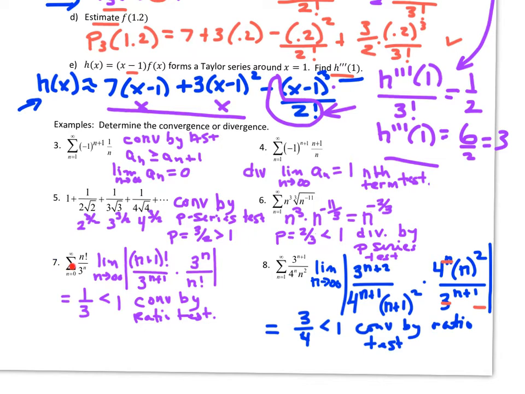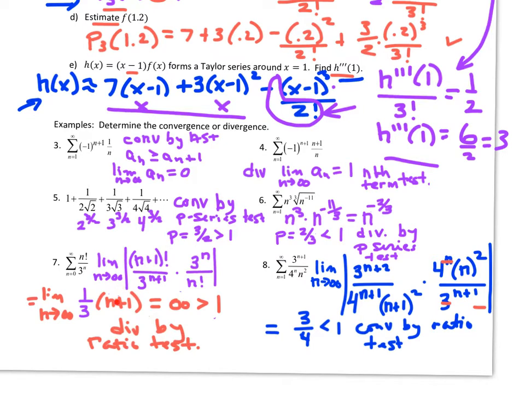Then 7, we have all this gunk, and when we have all this gunk, factorials, exponentials, then we probably use the ratio test. Take the next term, and then divide it by the now term, which means you multiply by the reciprocal. And when you simplify that, this just becomes a 3 on the bottom, so it's 1/3 and n plus 1 over... I lost my n plus 1 there when I cancel this with this.